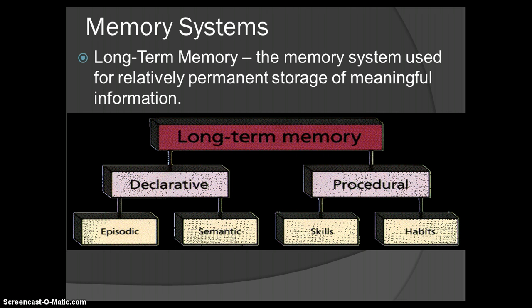Declarative memory is the part of the long-term memory containing specific factual information. So knowing that an apple is a fruit, but also a computer company. And there are two types of declarative memory: semantic memory and episodic memory. Semantic is the subpart of declarative memory that records impersonal knowledge about the world.